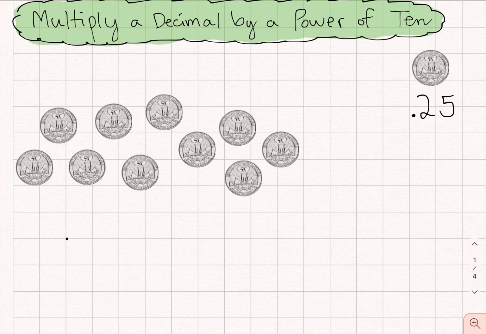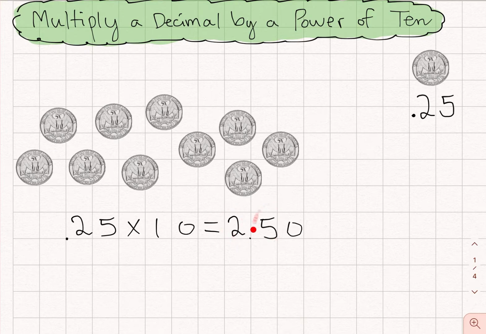In math, that would be 25 hundredths times 10. And if I add all of this money up here, I get $2.50. Or I could say 2 and 5 tenths.